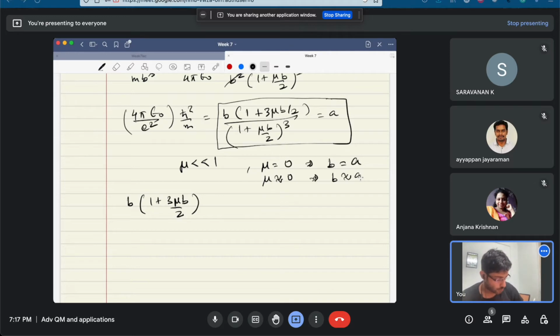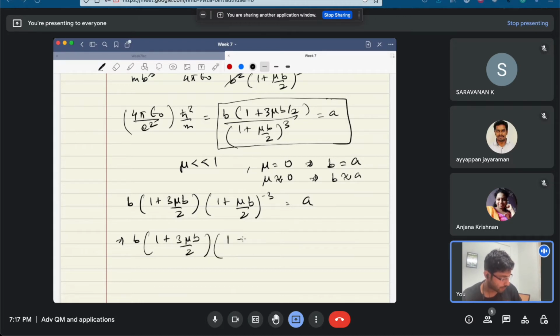So just taking the approximation and using it here, let me write down the first step as it is: minus 3 equal to a, and then we can do the expansion.